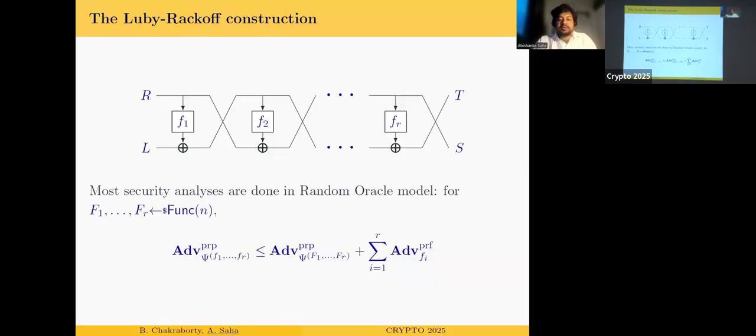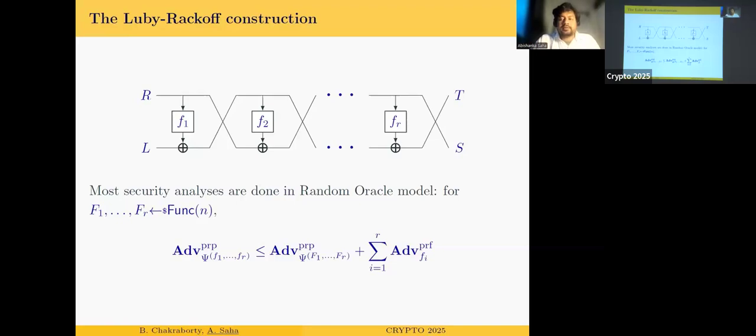Now, most security proofs regarding LR construction are done in the heuristic of the random oracle model, where you bound the PRP security of the LR construction by the PRP security of the LR construction instantiated with independent uniformly random functions as the internal primitives, plus the PRF advantages of the original primitives fi.